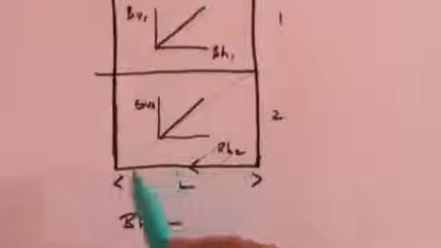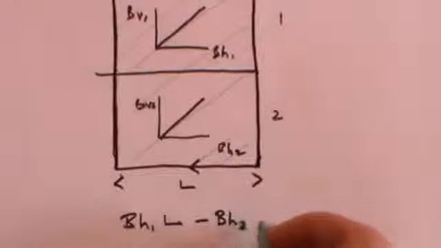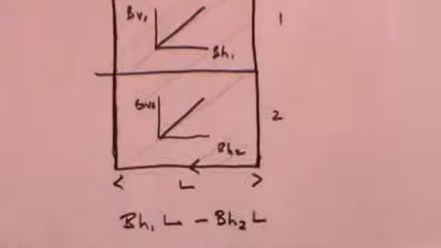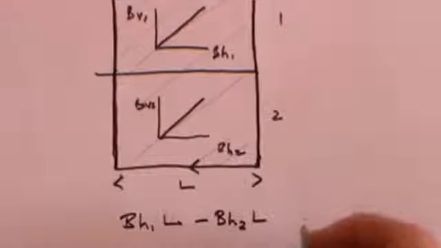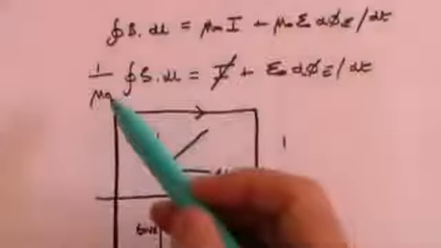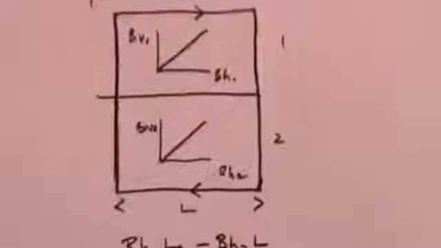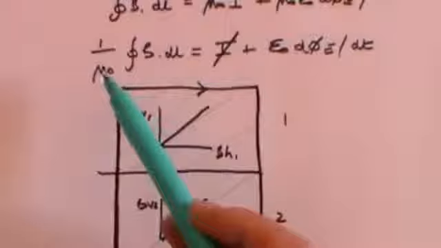The contribution along the bottom is going to be minus because we're going in the other direction, BH2 times L. And we've got to remember that these are each divided by their respective coefficients of the permeability.